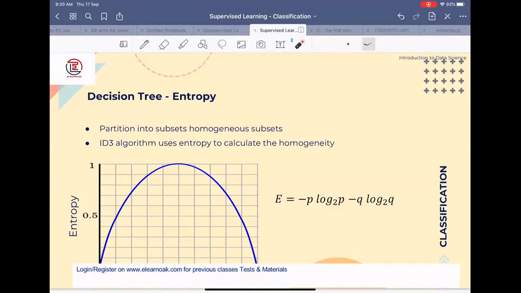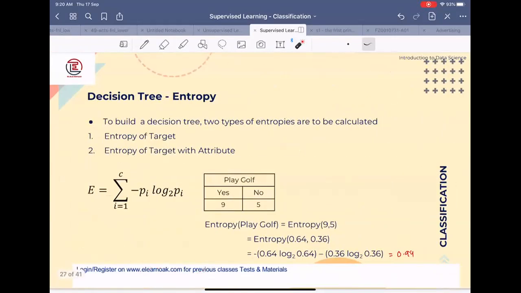If I have some number in between, then p represents that value. Entropy tells us that if all values are the same, all values are homogeneous, my entropy is 0, or minimal. As I start mixing things, my entropy will grow higher. So let us look at an example so that we can see what this means.